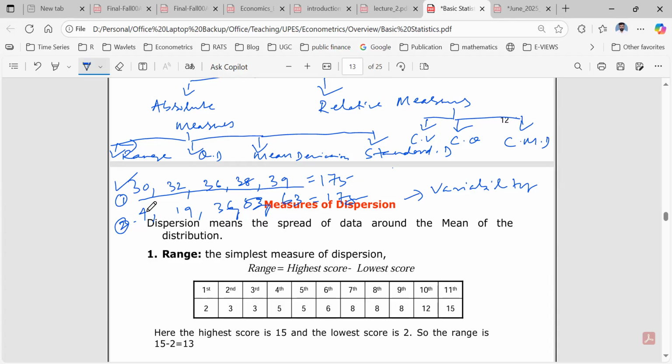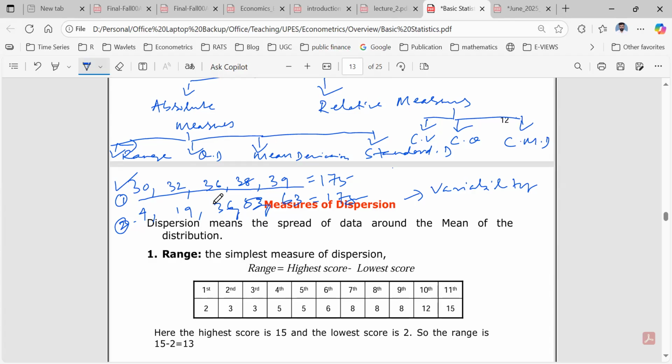If you only calculate the average, that is not sufficient. Sometimes you will have the same mean, you can cross verify. Averages are not sufficient to reveal all the characteristics of the data. Hence, you need to measure dispersion to conclude which series is more variable.